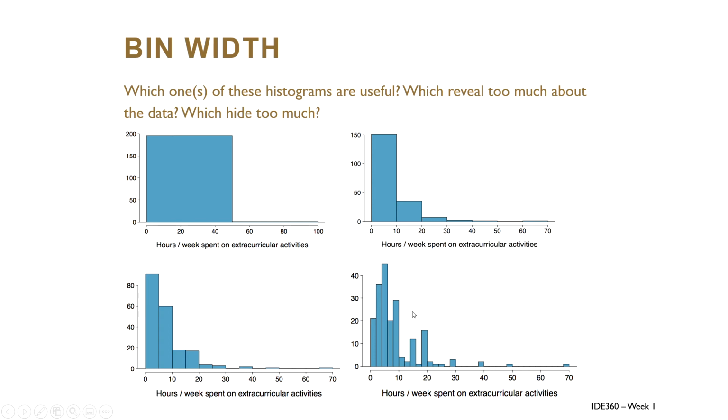Once you get to the nitty-gritty detail of every one or two values, you might have so much that it becomes overwhelming or not necessarily useful. So in between, the top right or the bottom left would be a suitable representation depending on your intention. How much you want to reveal, how much you are comfortable aggregating, is a decision you need to take depending on the variable that you're dealing with.